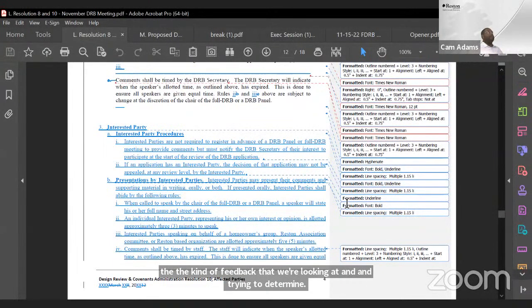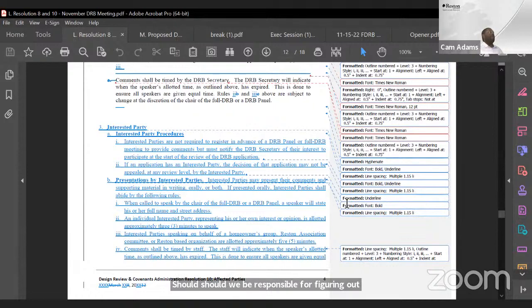Should we be responsible for figuring out how a homeowner is aware of an application? To me, going and looking at the affected party process that we have now in terms of the resolution, it very clearly is set up so that the intent from affected party was that you knew about the application because you were signing the application.